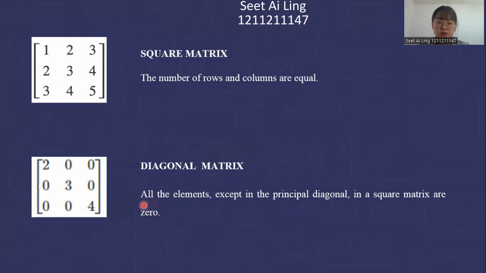A diagonal matrix is one in which all the elements except those in the principal diagonal of a square matrix are 0. What does that mean, except in the principal diagonal? We can see the diagram here. In the diagonal there are the numbers 2, 3, and 4, and everything except the diagonal is 0. This is the characteristic of a diagonal matrix.